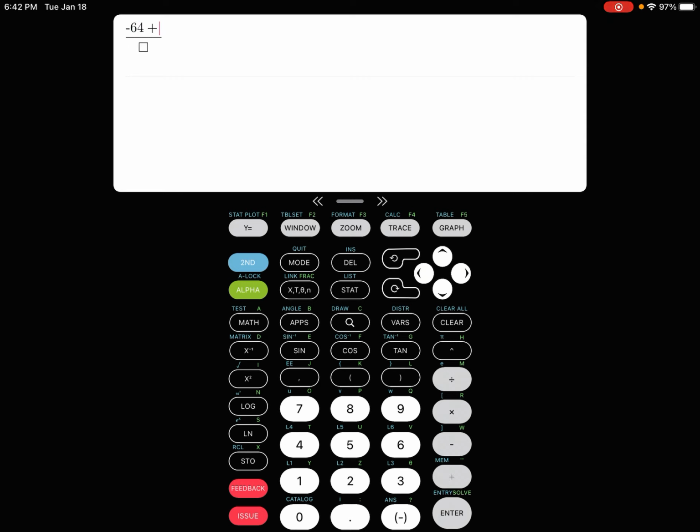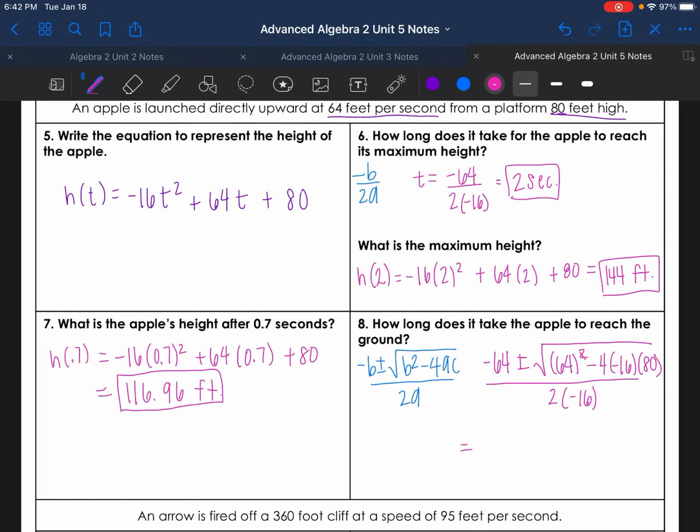Negative 64 plus the square root of 64 squared minus 4 times negative 16 times 80, all over 2 times negative 16. We get negative 1.